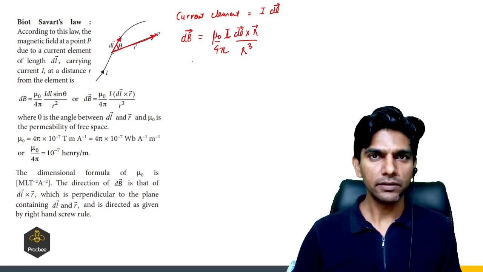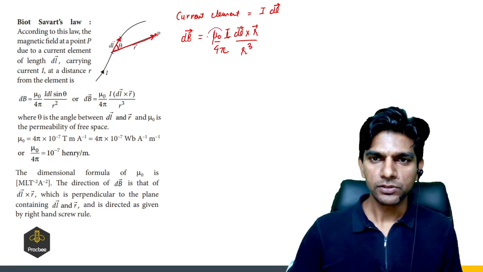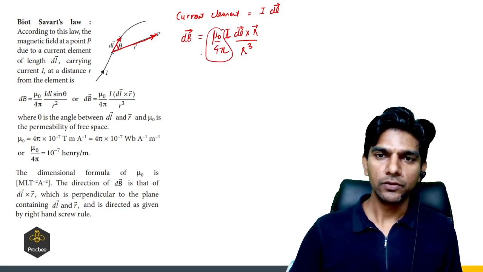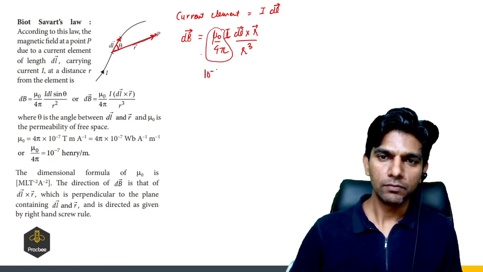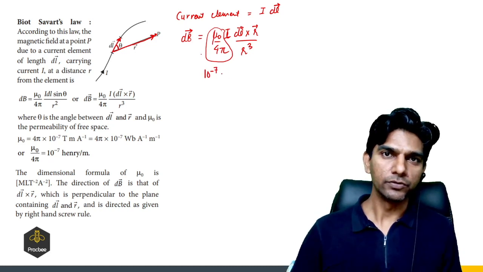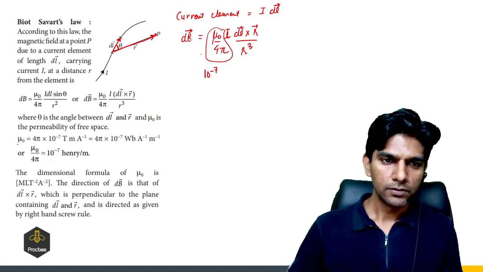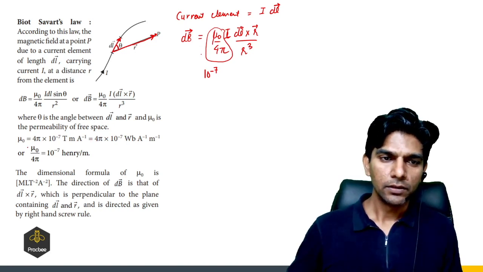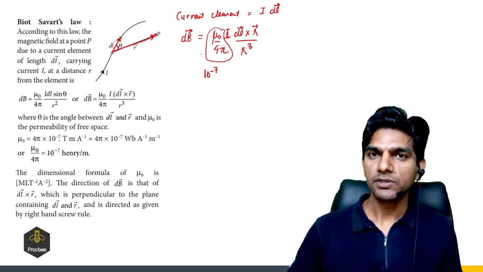Now it's a mathematical relation, and this constant of proportionality, its value is 10 raised to power minus 7 in SI units. So we know that mu naught by 4 pi is 10 raised to power minus 7 Tesla meter per ampere, and mu naught will be 4 pi times 10 raised to power minus 7.